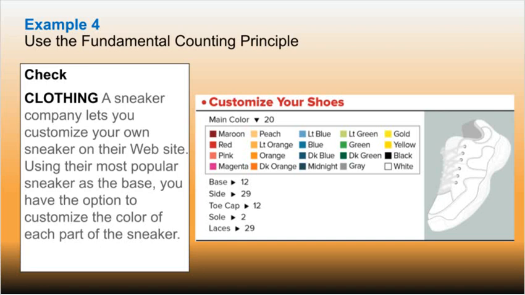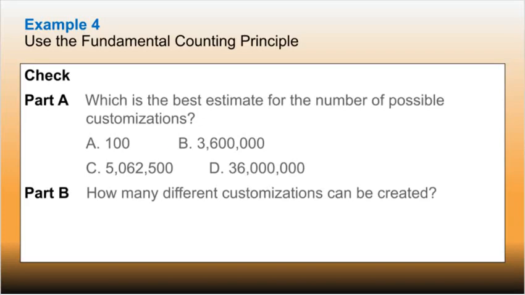So for this one, we'll round these to the nearest 10 here, so we get 20, this will be 10, 30, 10, we'll just keep this at 2, and then this at 30. That gives us 20 times 10 times 30 times 10 times 2 times 30. That gives us 3,600,000. So that would be choice B if we rounded it that way.